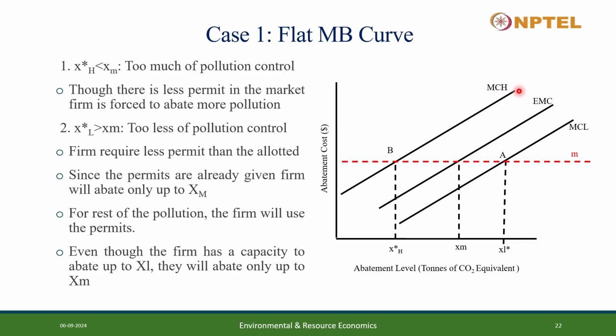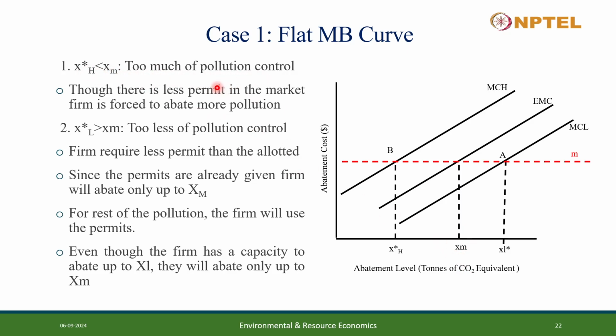MCH is a higher marginal cost. In this case, we get the optimum level as XH star. However, because of the expected marginal cost, we have to abate till XM.